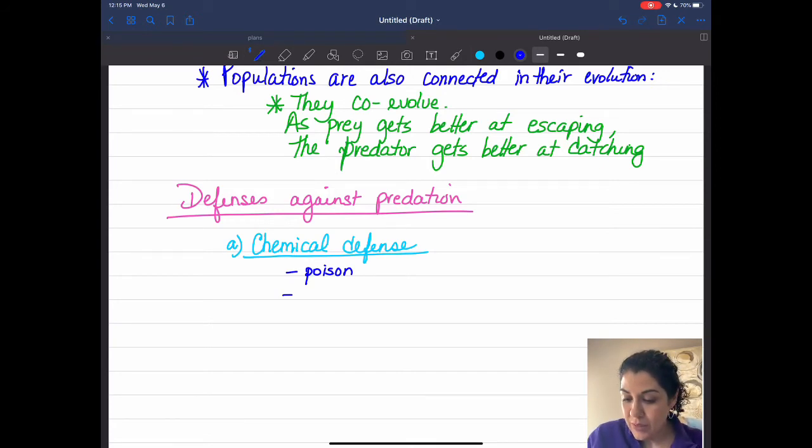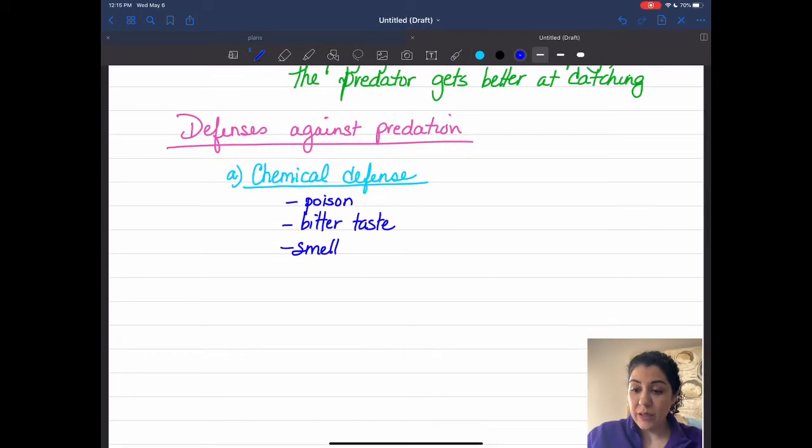Okay, the bitter taste. There is a species of butterfly known as the monarch butterfly that makes birds extremely ill if they consume it. So it's that bitter taste and that toxic sort of substance. A smell. You know, we've seen skunks, for example. Or ink.